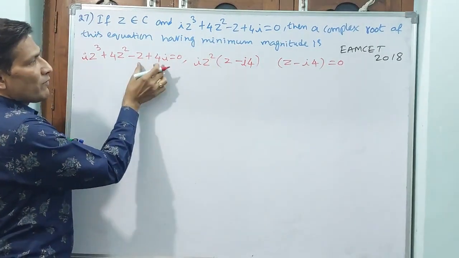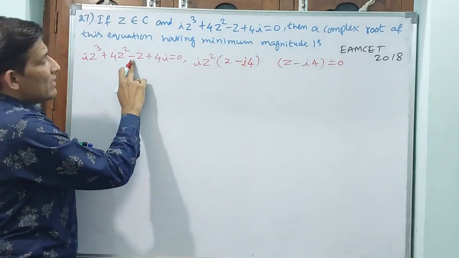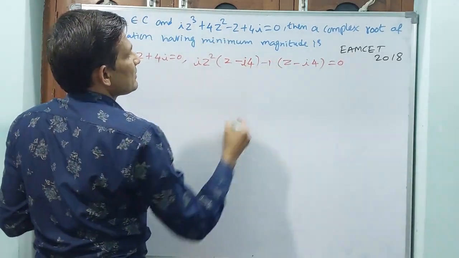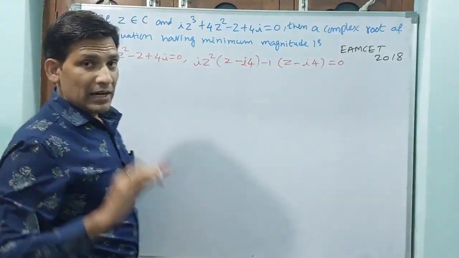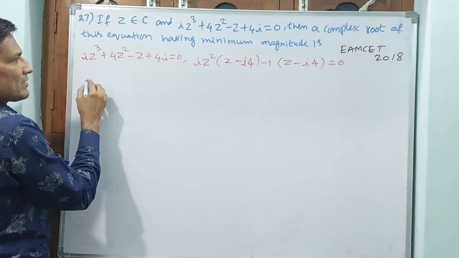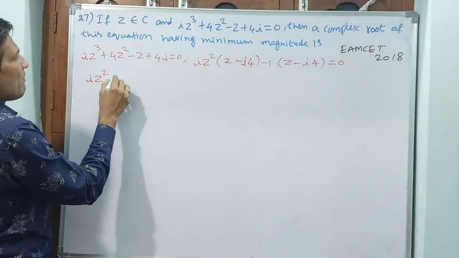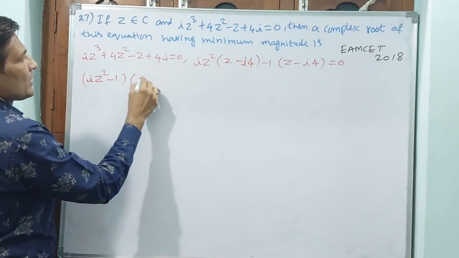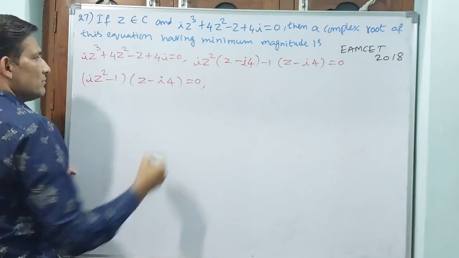If it wants to come, minus is there outside. Shall I take minus 1? Minus z plus 4i. Now you see, you have got this factorization. You see what I am writing: iz square minus 1 into z minus 4i is equal to 0.